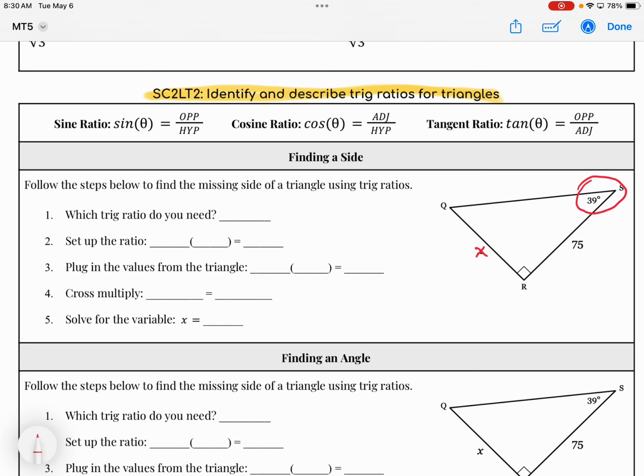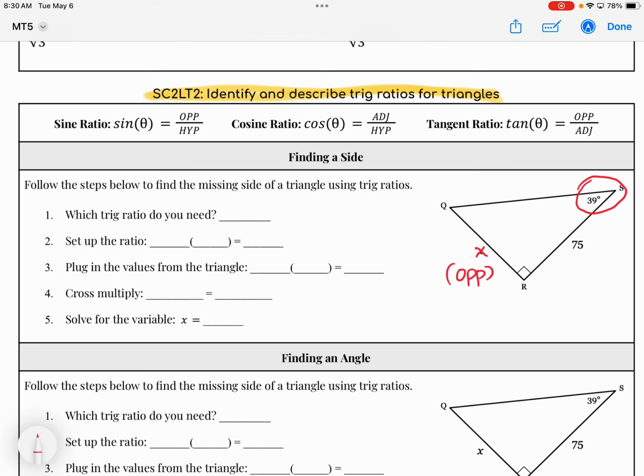We have 39, angle S. I always circle the angle so that I can figure out what I'm looking for. In relation to 39, what is X? Opposite, adjacent, or the hypotenuse? Opposite. That's going to help us determine what trig ratio we're going to use.